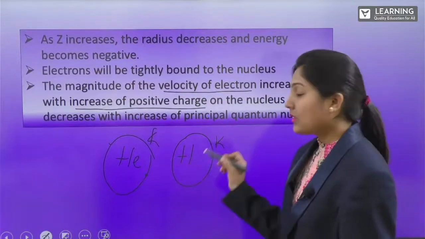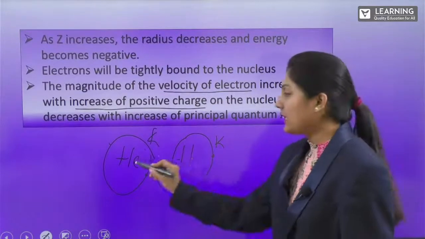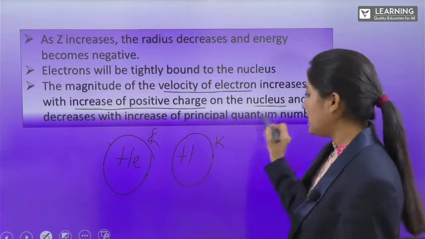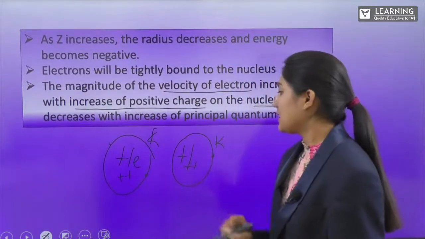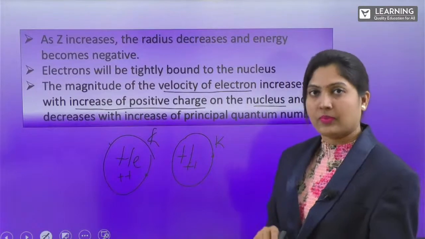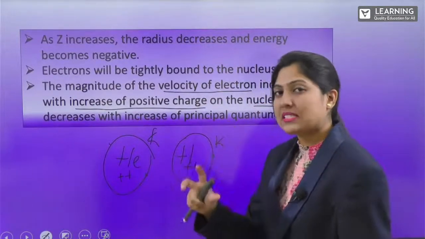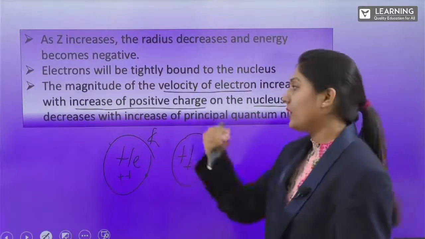Here, the electron in hydrogen will have less velocity than that of helium, because the positive charge on the nucleus here is +2, whereas in hydrogen the nucleus is +1. Understood?